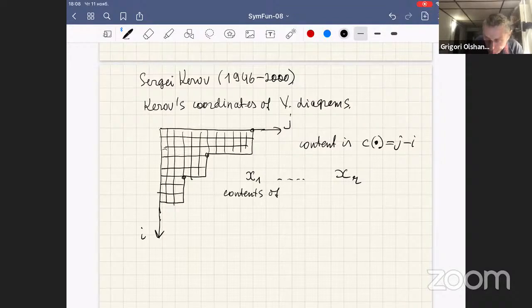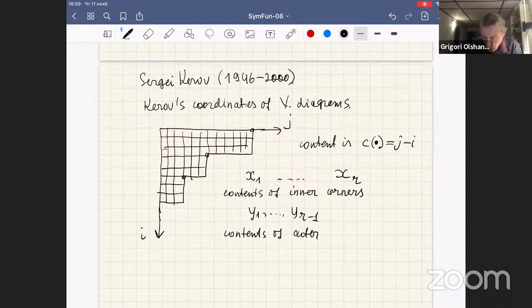One can imagine that we have some box here. Take the difference of the coordinates of this point. This is the same. These are the contents of inner corners, the x coordinates, and r minus 1 contents of outer corners, the y coordinates.